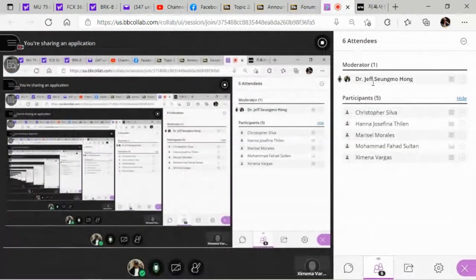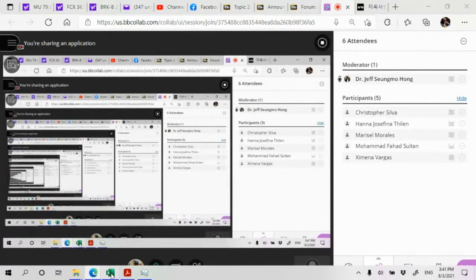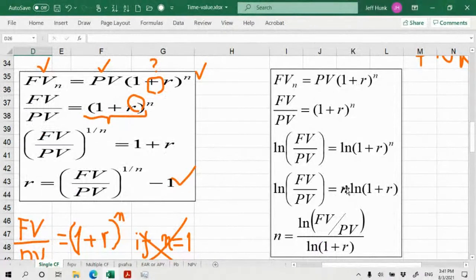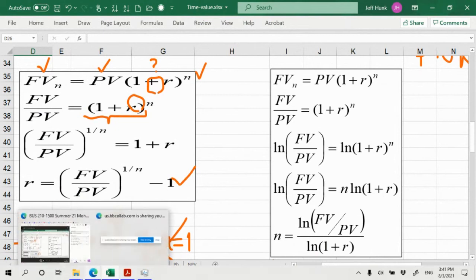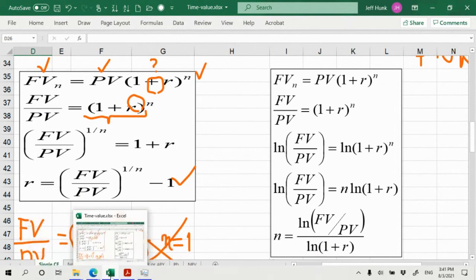So anyway, it takes a lot of time. The steps of derivation are like this, but you have to already know what natural log is. To understand that would take almost the entire two hours.